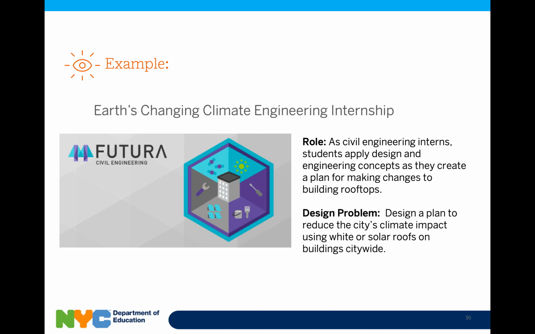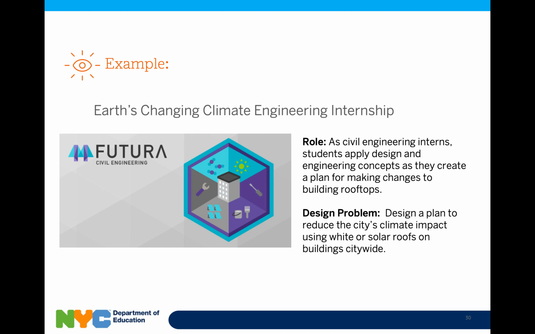Because as you'll see as you dig into this unit, students could put solar panels on the rooftops, or they can paint the rooftops white to increase the reflectivity off of the surface there. But if you just start painting the rooftops of all of the buildings in the city, well, some of these buildings are actually protected and historic. And if you start painting the rooftops white, you could destroy the historic value of the neighborhood.